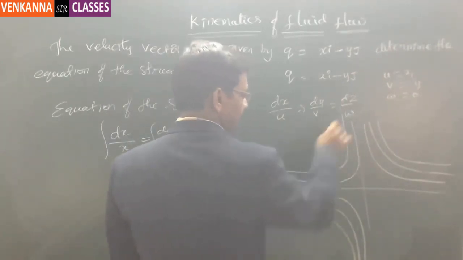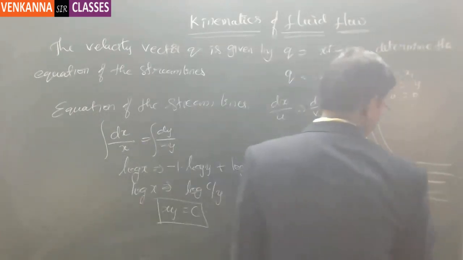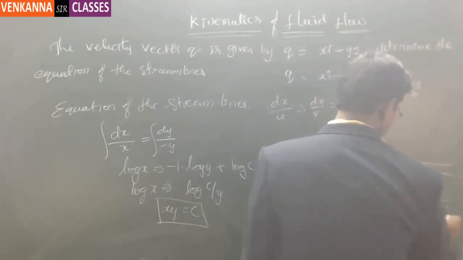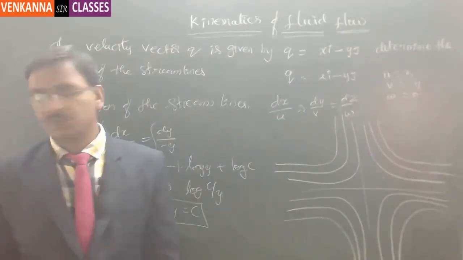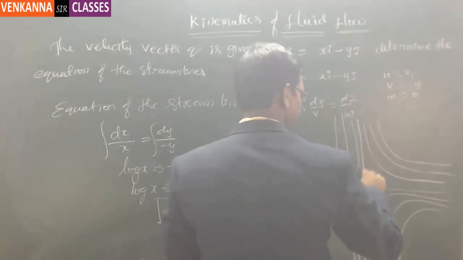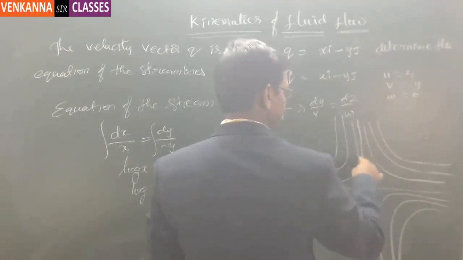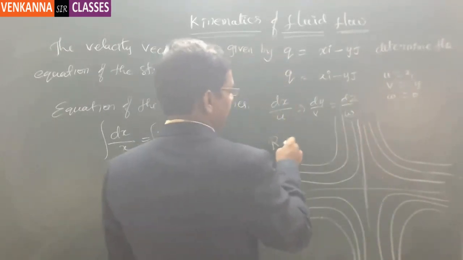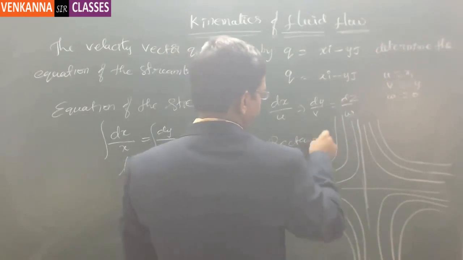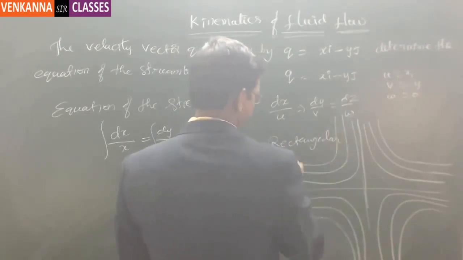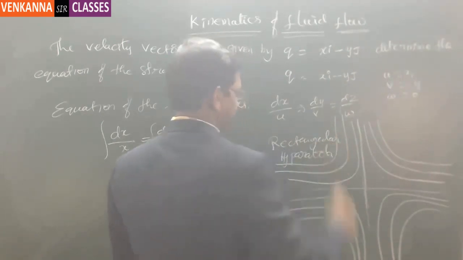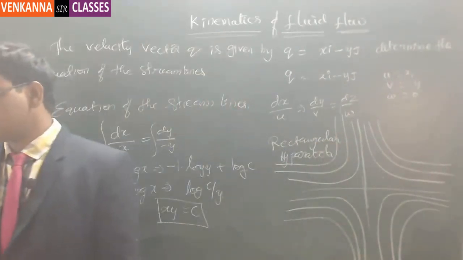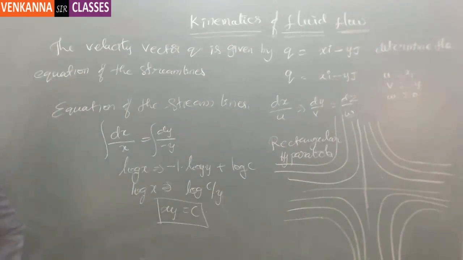If C is positive, one section, and if C is negative, then it will be the other. So all these things are the streamlines equation. Got it? So rectangular hyperbola. Understood? How we are finding out the streamlines?